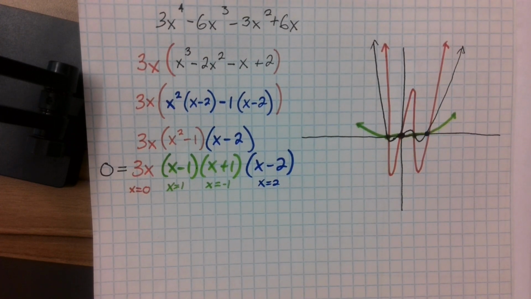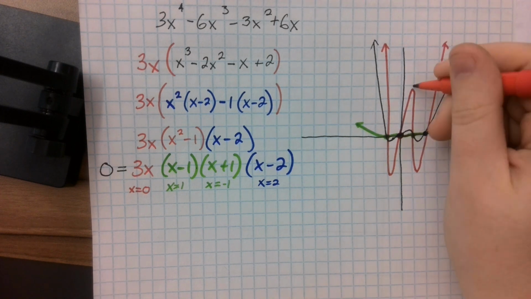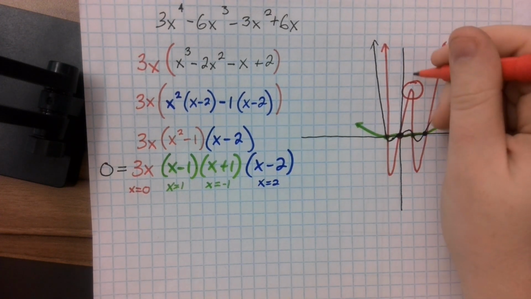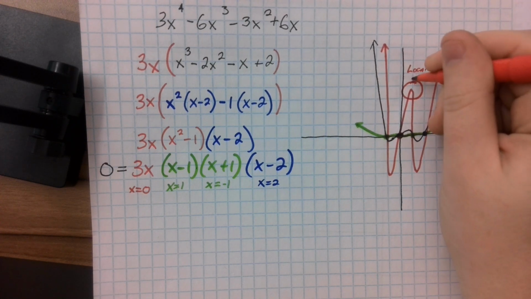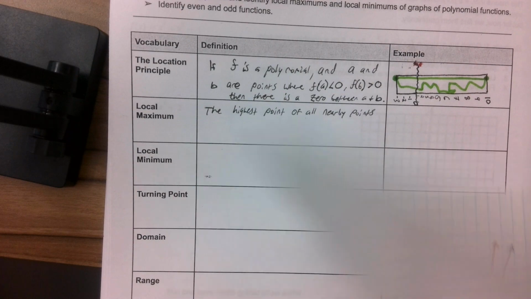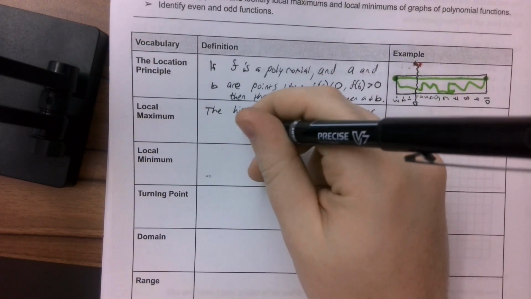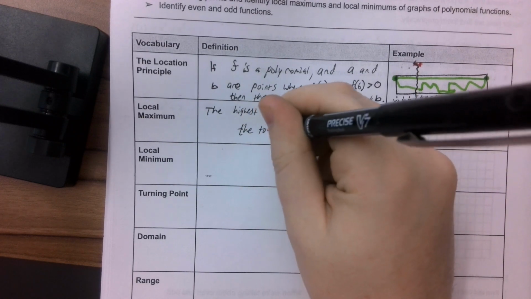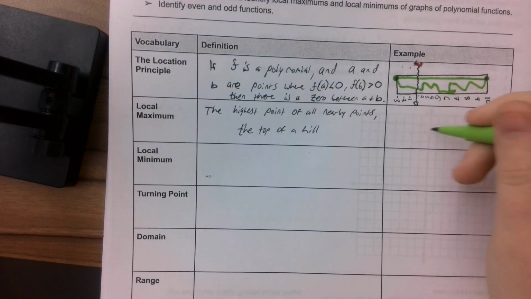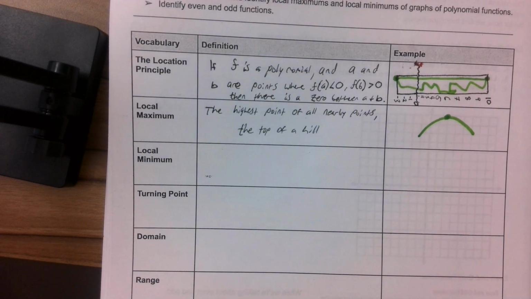There's no highest the graph ever goes. It goes on forever. But we do see we have a local maximum. We have a spot where it's higher than the points around it. This is a local max. Think of it like the top of a hill. The highest point of all nearby points. The top of a hill. And I'm going to even draw a little point or a little hill. Right there would be a local maximum.